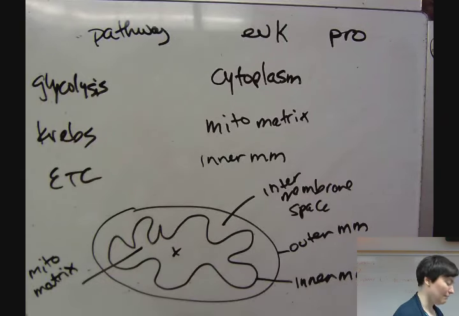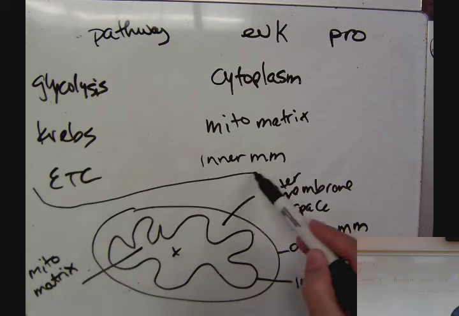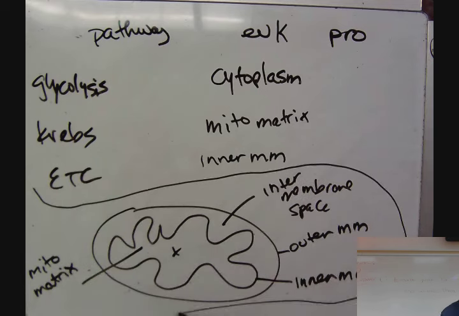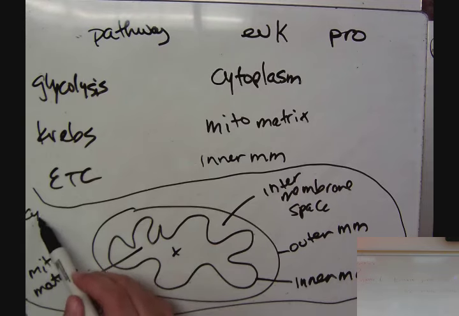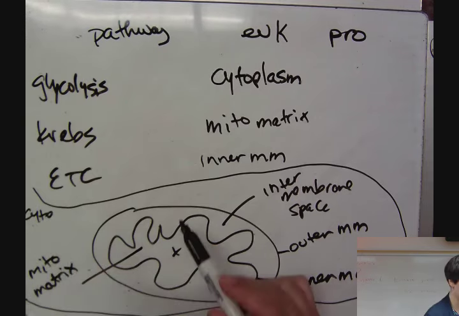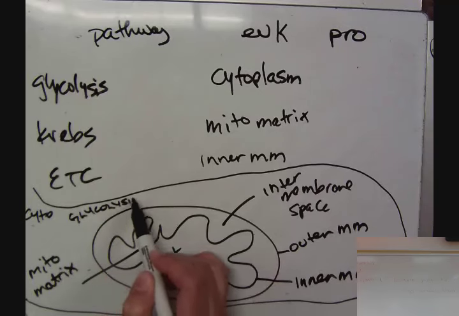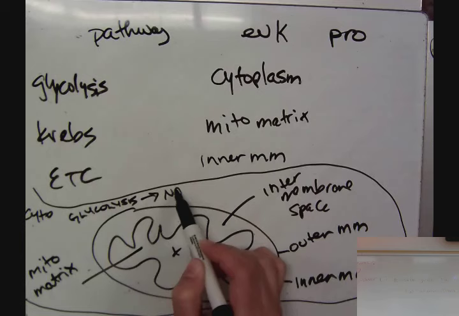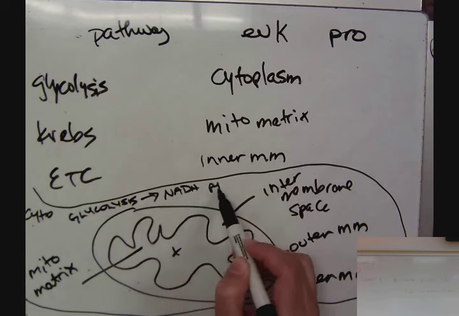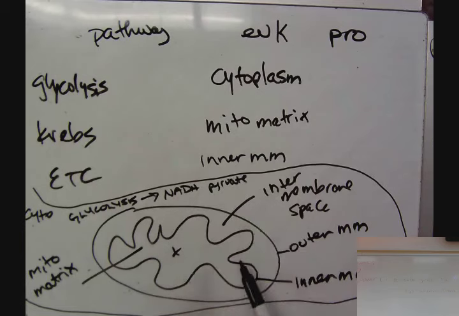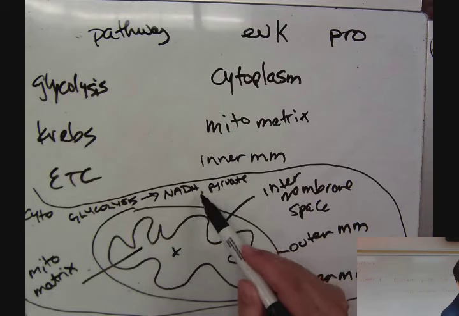So, if that's the case, let's do a little diagram here. I'm sorry that this is going to be kind of a cluster, but here's our cell, right? Not to scale. Here's our cytoplasm. So here's our glycolysis happening, and it's making some NADH and some pyruvate, both of which have to get into the mitochondrion.